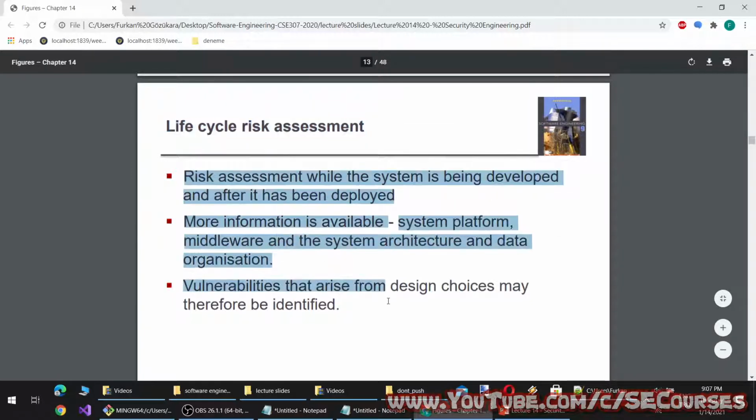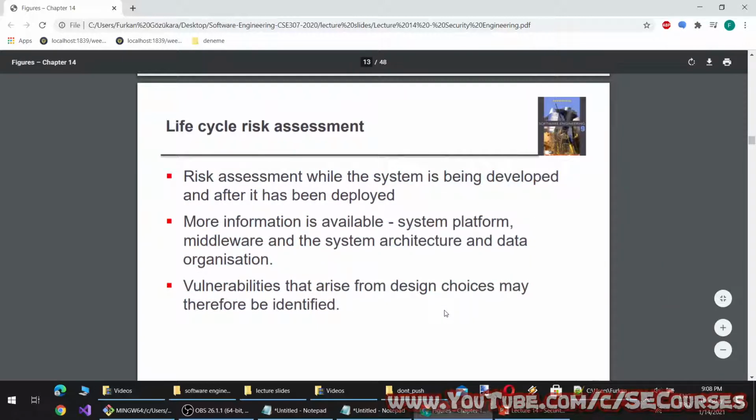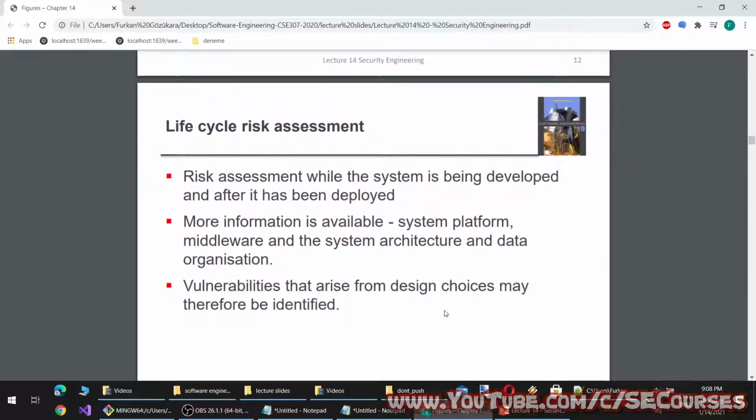Life cycle risk assessment. While the system is being developed and after it has been deployed, more information is available: system platform, middleware, and the system architecture and data organization. Vulnerabilities that arise from design choices may therefore be identified.